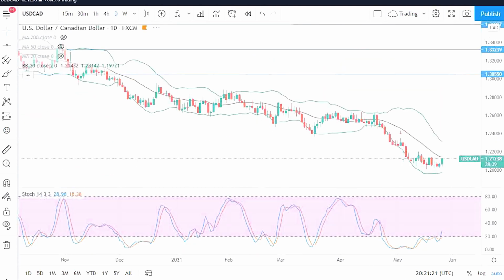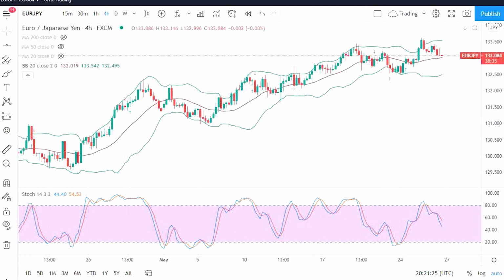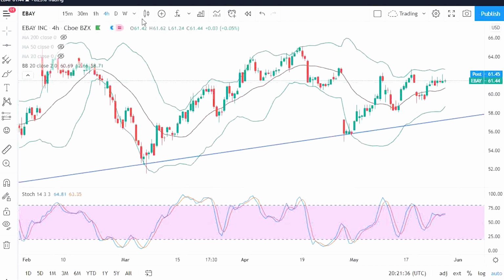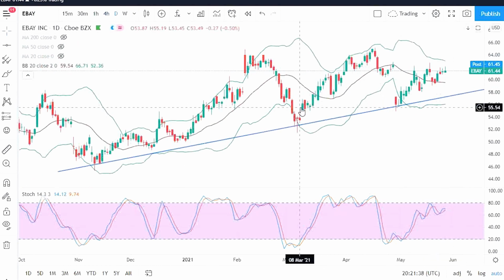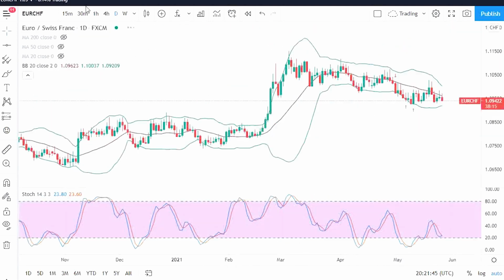And then the other one I don't like is, I forget what pair this was on. I think it was this one. The other thing I don't like is when it tests it and then retests it right after. So like on this eBay, or excuse me, was it the IBM? There was another one where we kind of got a test and then a retest.